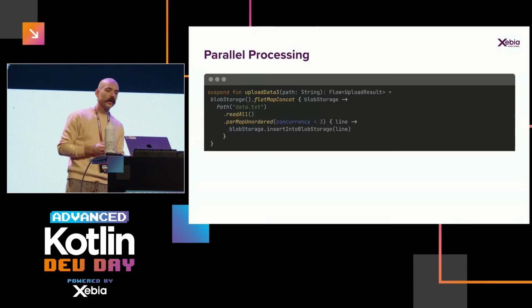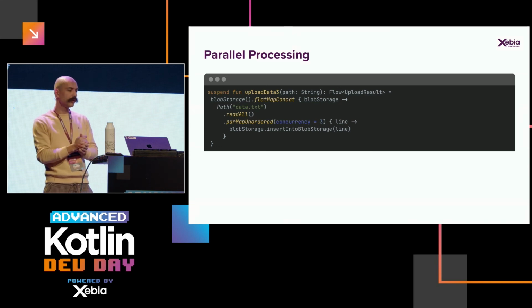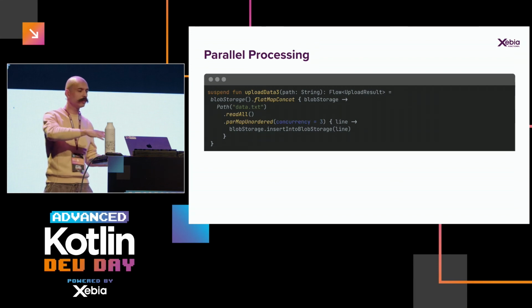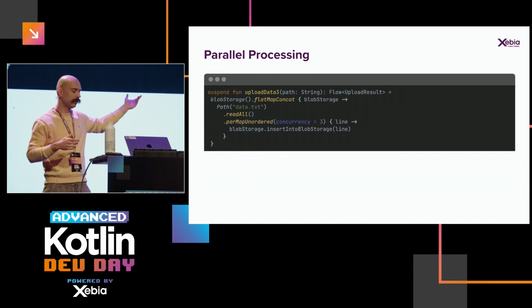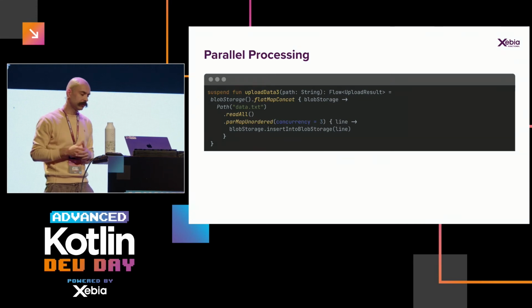So I was talking about uploading 3 lines in parallel to the cloud. And here I have a function parmap unordered, which comes from the ArrowFX Coroutines library. It's very simple: we changed map to parmap unordered, and we say concurrency 3, and this way you can upload 3 lines in parallel to the cloud.